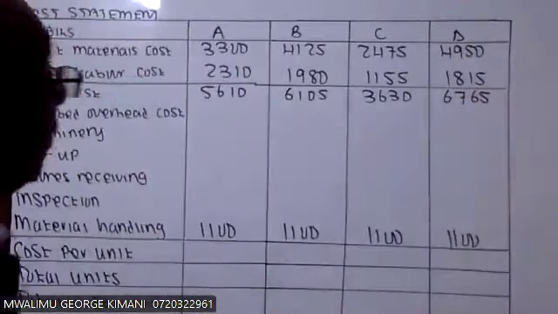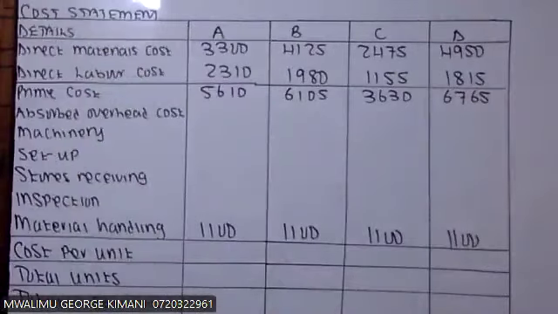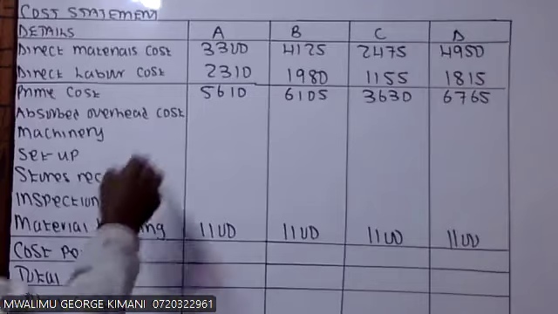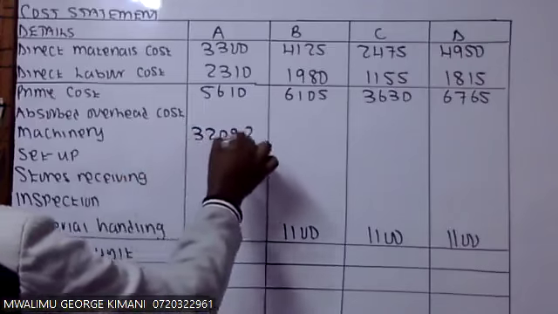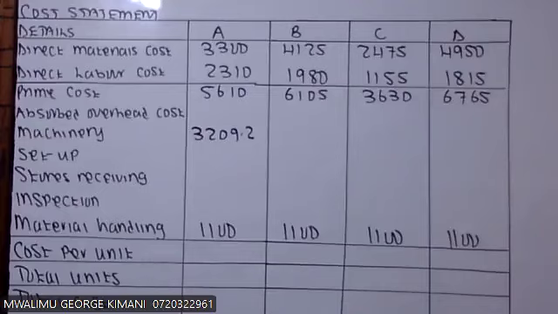Yeah. Let's go to absorbed overheads. Let's start where we computed machinery. There we said per unit. Machinery per unit, the first one was what? That 209.2. The next was 2406.